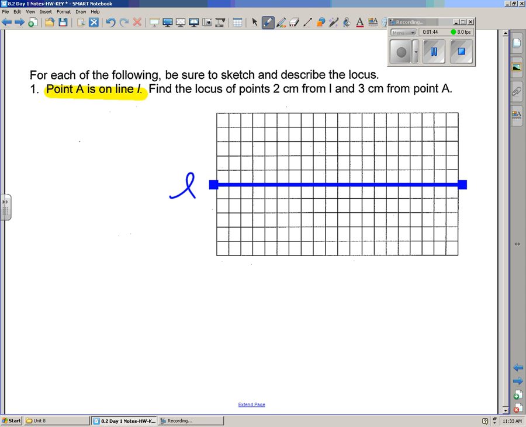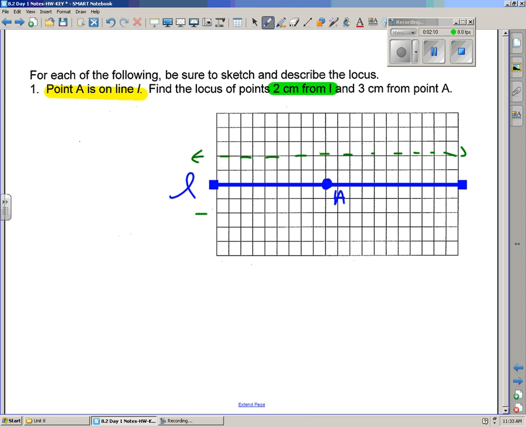Then point A is on line L. It doesn't tell you where to put point A, so you put it anywhere you want. I'm going to put A right here. We've got 2 conditions. The first is the locus of points 2 centimeters from L. If you're 2 centimeters from L, you're going to be on 2 lines that are parallel to what's given. We're going to use each box as a centimeter.